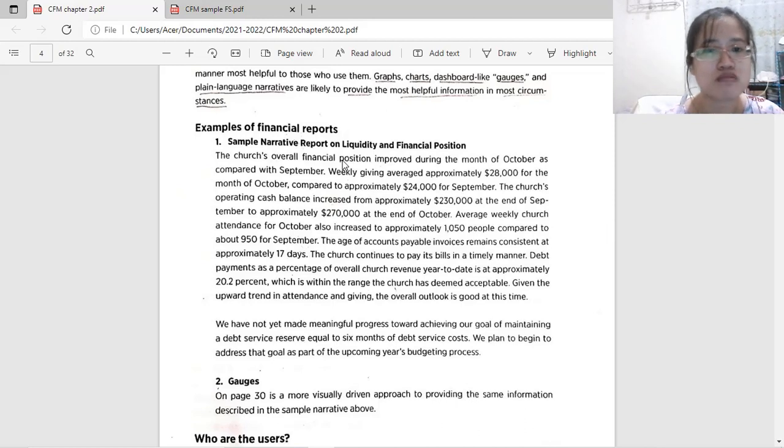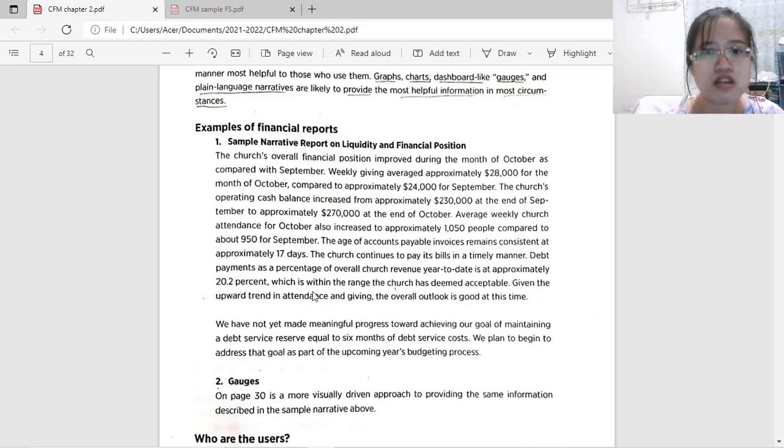So, cash is very essential. And then financial position would pertain to the assets of the company, properties that they own, and then liabilities, the obligations, the loans that they must pay, and then the net assets. Okay.